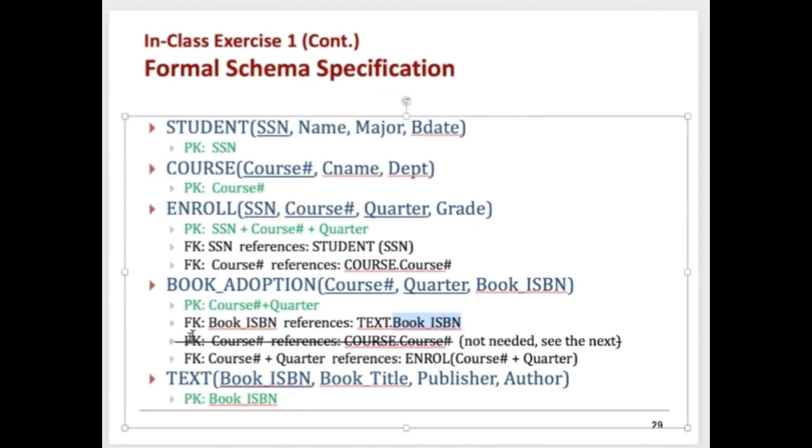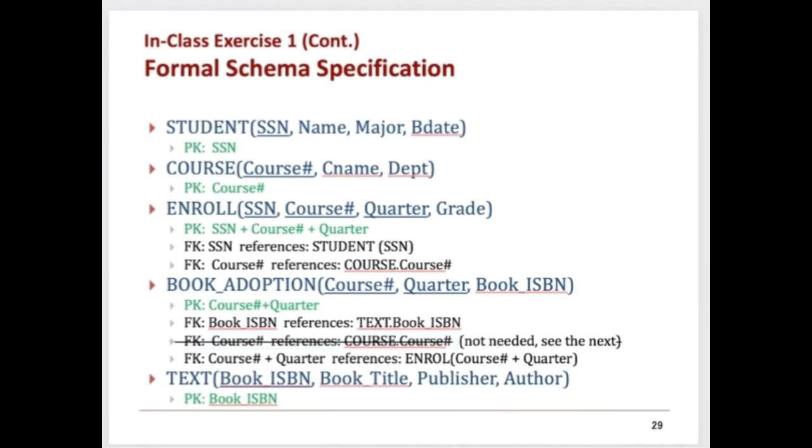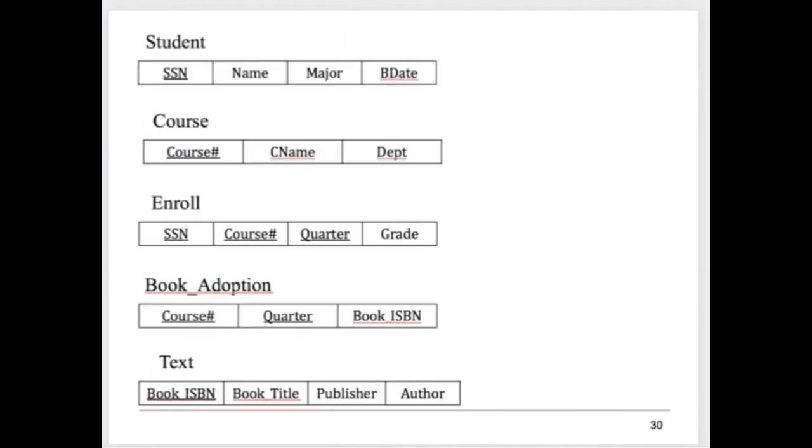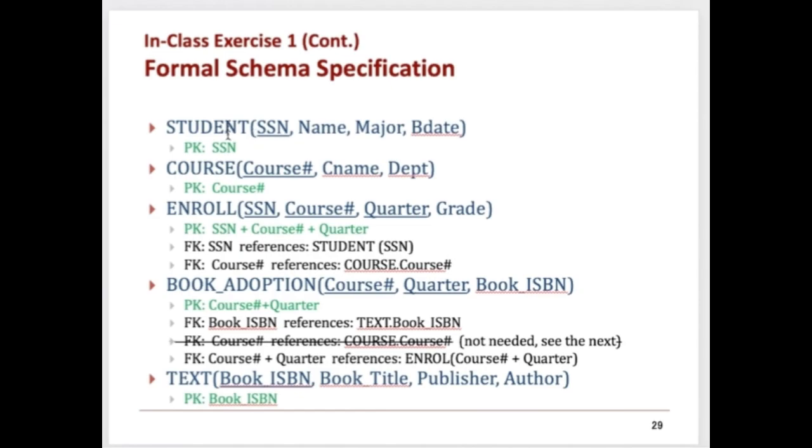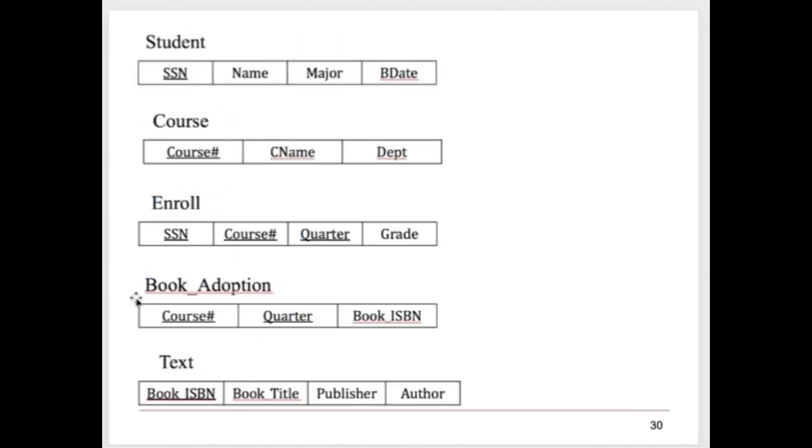You can think of course number also, but it is not needed. This is extra, some students may make it, so it's not needed. We will see it next, inshallah. Next step. Step 1, find the tables. Step 2, find primary keys and foreign keys. Step 3, make a relational schema like this.